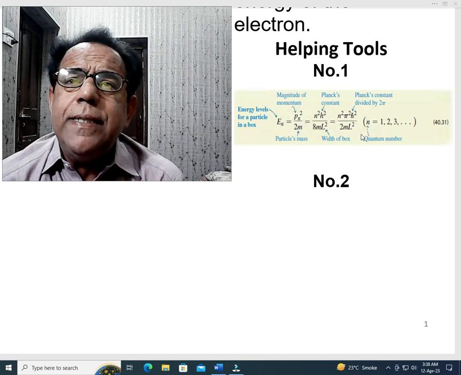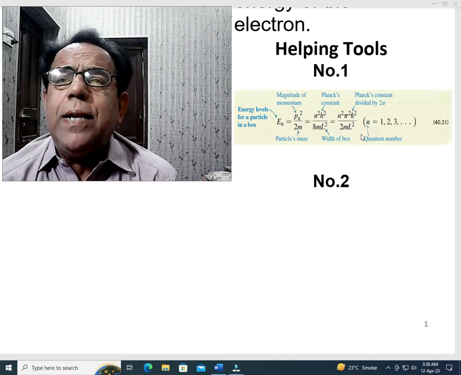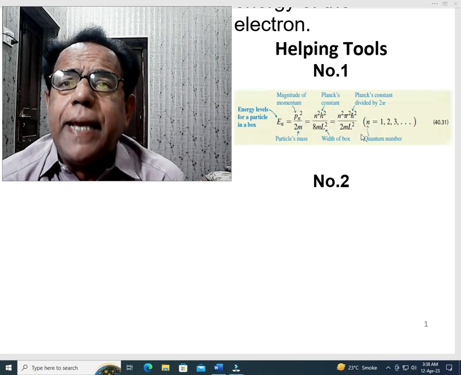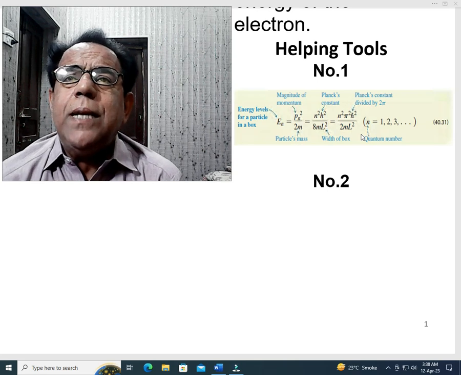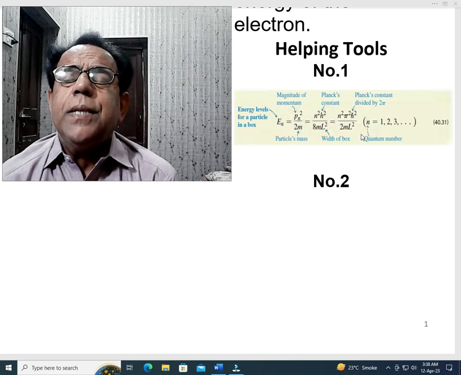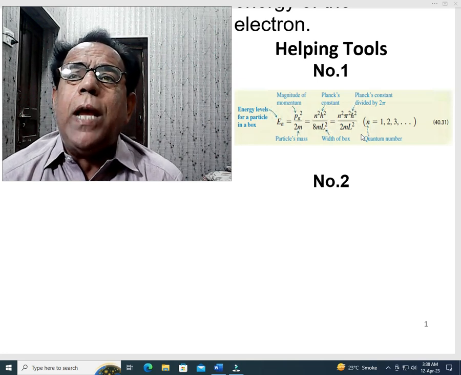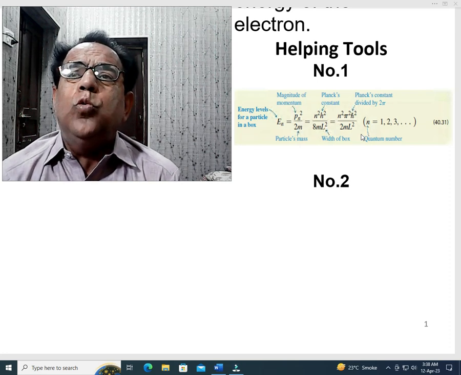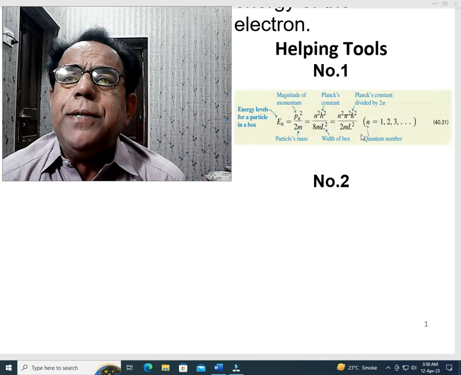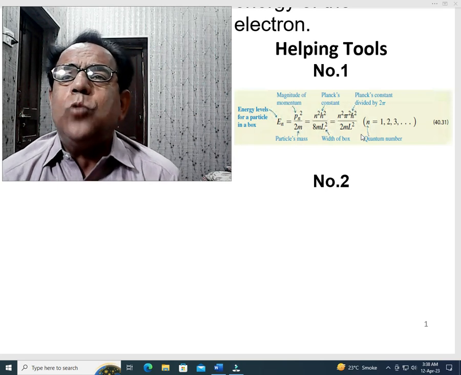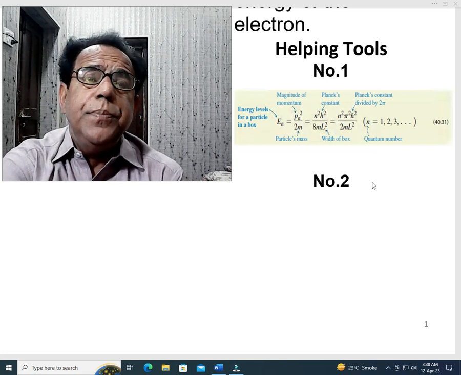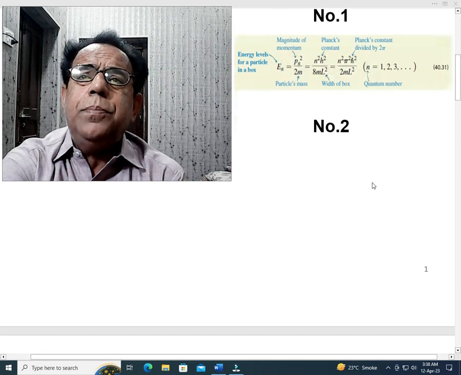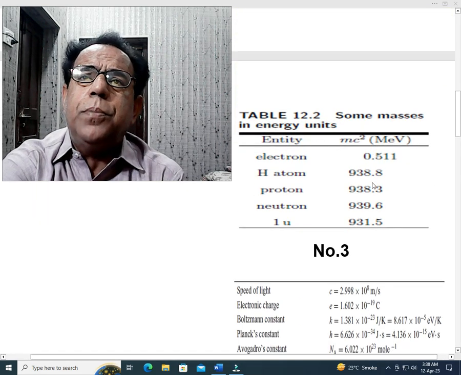There is no difference in these two equivalent expressions. The only difference is that here, in place of Planck's constant h, we have used h cut, which is equal to h over 2 pi, where n is quantum number, n equal to 1, 2, 3. This tool has also been discussed in the previous problem, so it is enough about this tool.